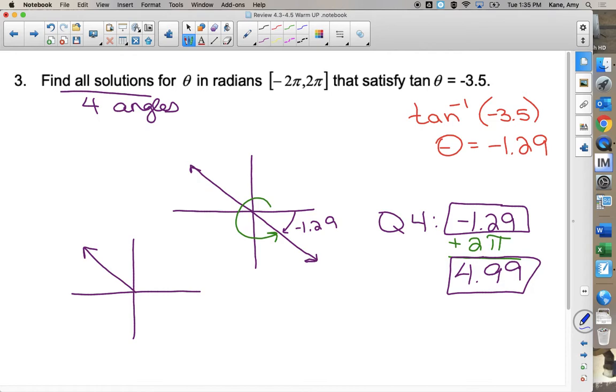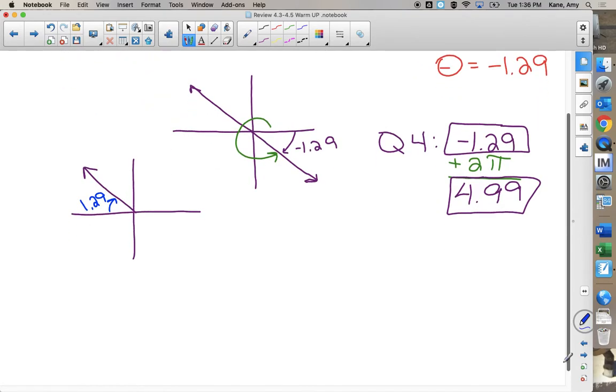So it happened to be a solution as part of the fourth quadrant, but it's also this little angle right here as well. So the reference angle gets used in different ways. But it's going to help you find the angle in the second quadrant and the angle in the fourth quadrant.